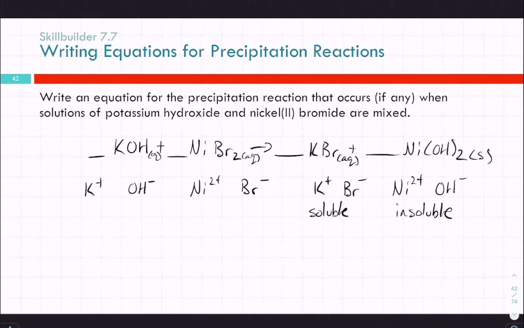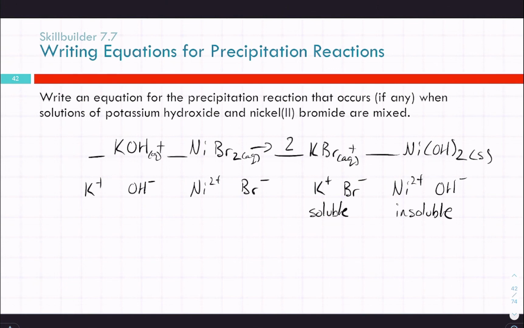So we'll get, can really start anywhere. So let's just start with potassium, because again, there's no free elements here. And each of these is only part of one of the compounds on either side. So to start with potassium, we'll say, okay, we got one potassium and we got one potassium. Those are balanced. We have one bromine on the right, but we have two bromines on the left.